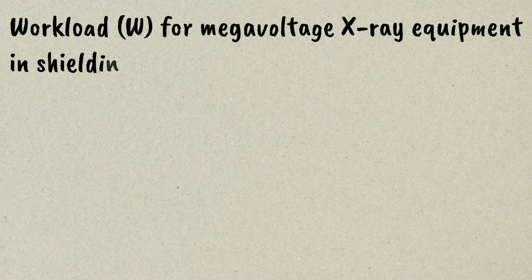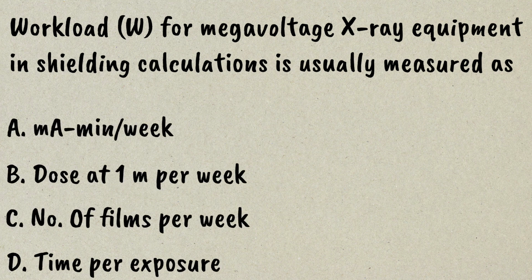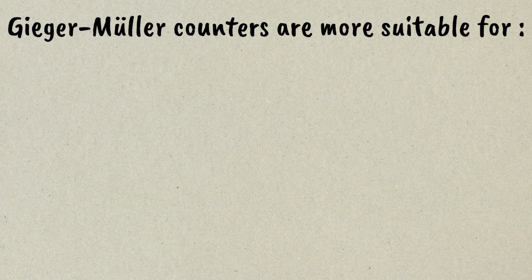Workload for megavoltage X-ray equipment in shielding calculations is usually measured as. Geiger-Müller counters are more suitable for.